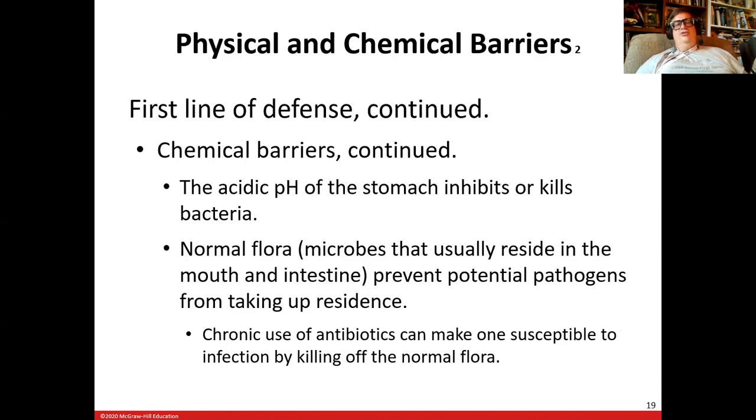Literally, we have good bacteria living in us, in our mouth, that will prevent bad things from taking up residence. And it says chronic use of antibiotics can make one susceptible to infection by killing off the normal flora. Basically, if we kill off the good stuff, they're not there to prevent the bad stuff from taking over.